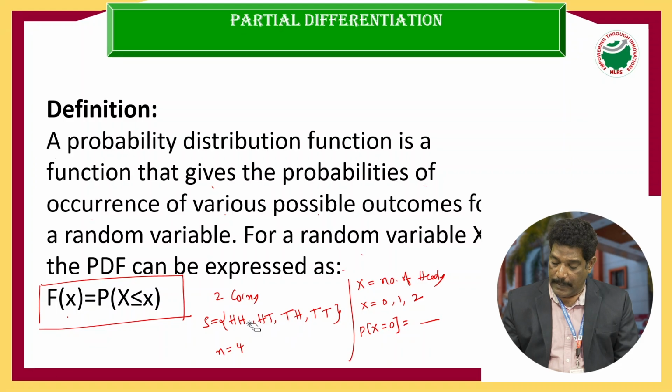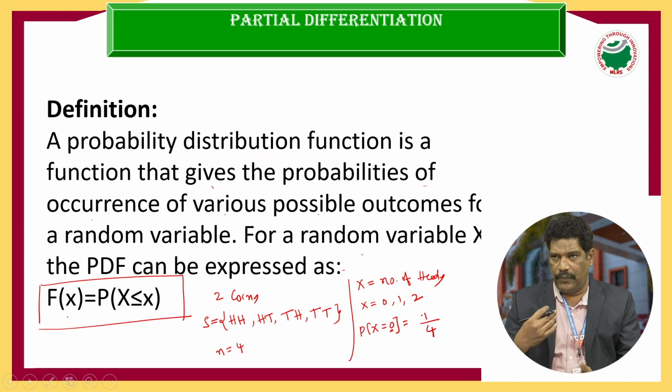The total possible outcomes are 4. Out of 4, how many times do we get the number of heads as 0? Only one time. So 1 out of 4.